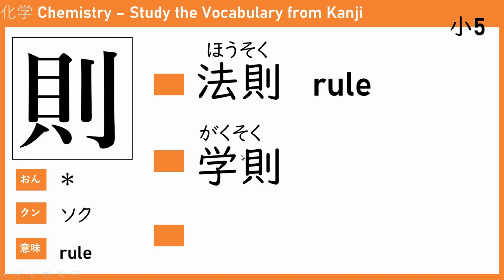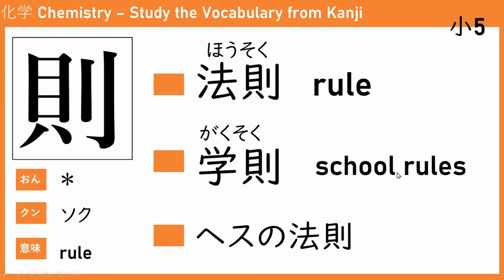Gaku means academic, but it refers to school, so gakusoku literally means school rules. If you're going to school, your school has rules, that's gakusoku. And this one is Hess no hōsoku, Hess law. Again, you don't say Hess no horitsu because horitsu is used for governmental and political law. In academic stuff, we use hōsoku, not horitsu.